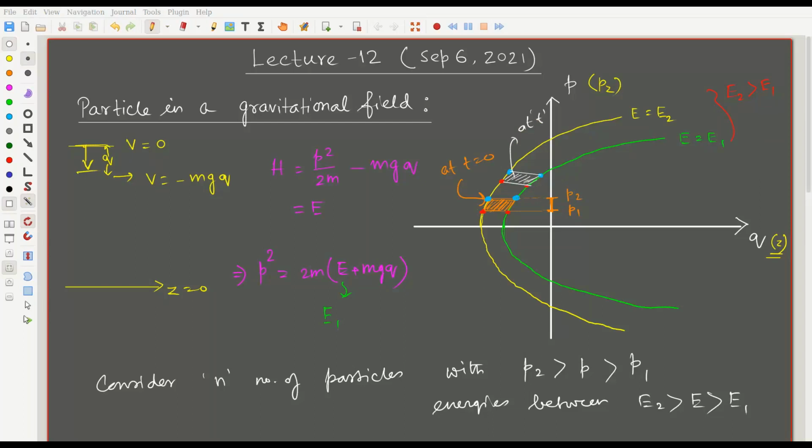You have to find the area enclosed between those two horizontal lines that I talked about. First, let us figure out how my momentum evolves with time: what happens to p2, which was there at t equals 0, after time t?